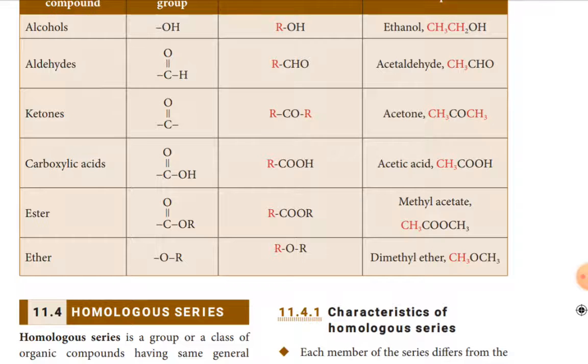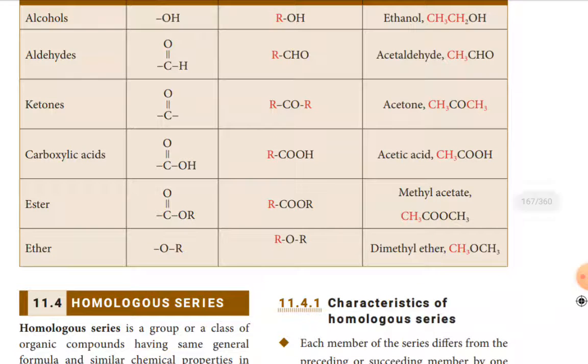Suppose one alkyl is from one parent hydrocarbon and the other from a different hydrocarbon, that is called a mixed ketone. And here in the example, the same alkyl group is given, CH3 CH3, both are methyl, the same alkyl. So this is a simple ketone, and the name of the compound is acetone.